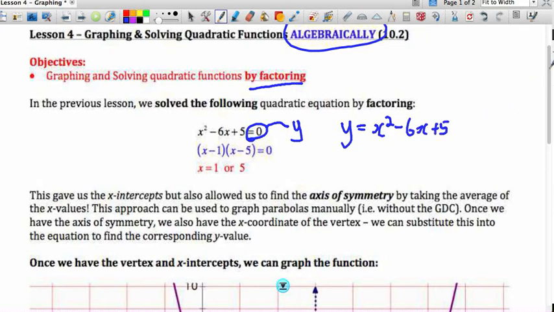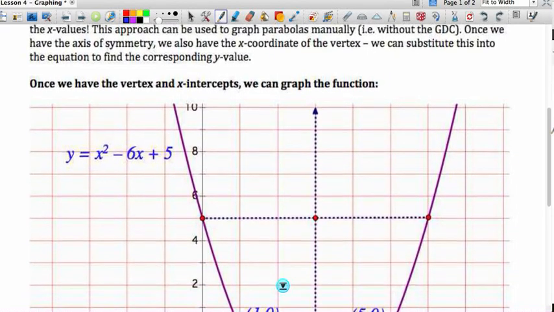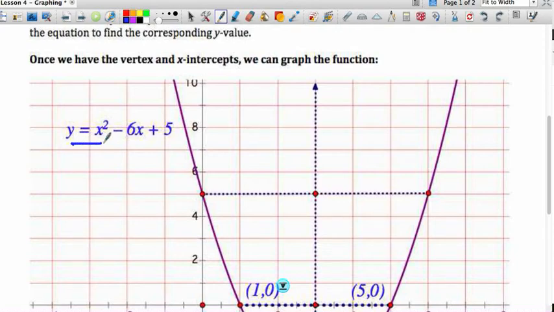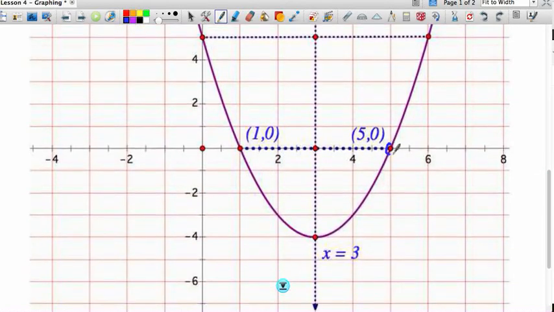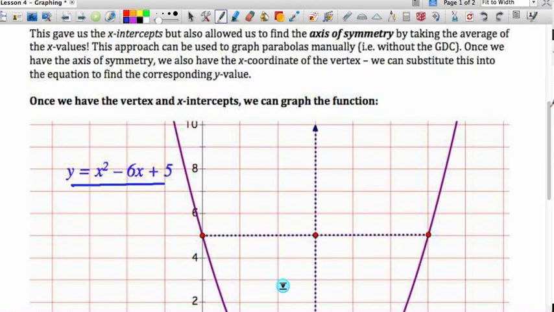When y is 0, we find the two x values, which give us the points at which this graph, drawn on the axes below, cuts the x-axis. So (1, 0) and (5, 0) give us the points where the graph crosses the x-axis.